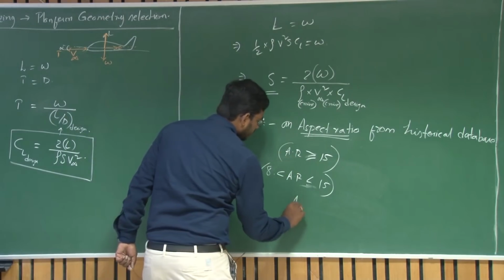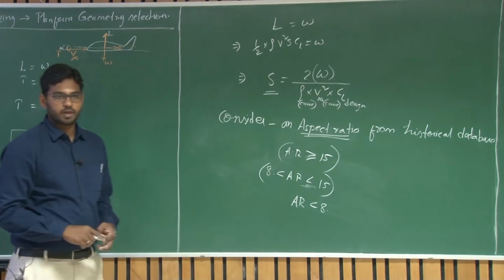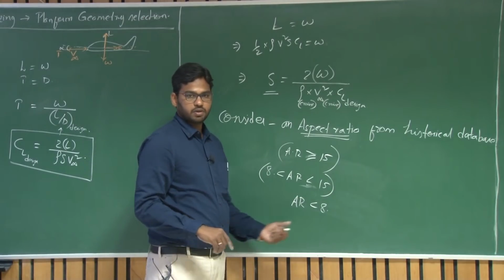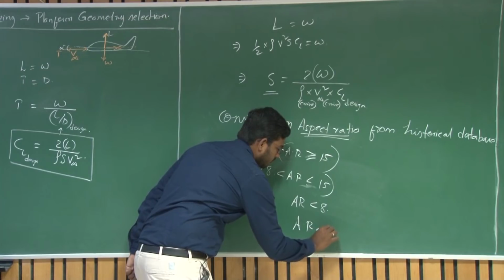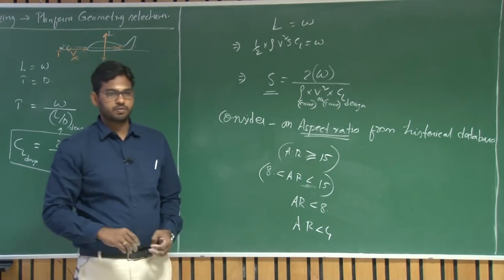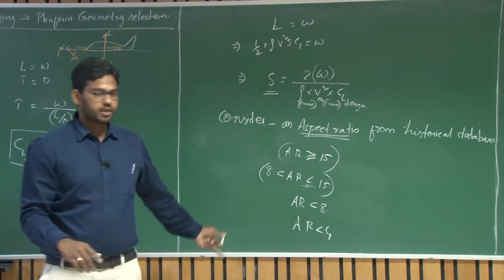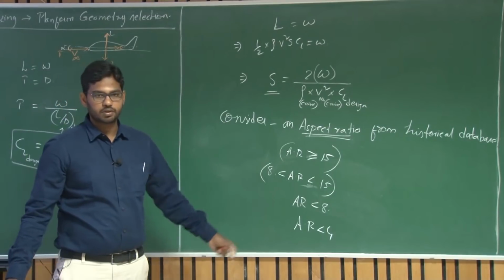Anything less than 8 is low aspect ratio UAVs. We also witnessed acrobatic UAVs and delta wing UAVs, where the aspect ratio will be less than 4. This classification you can figure out from any of the conventional textbooks. Anyways, I will present a slide for this.